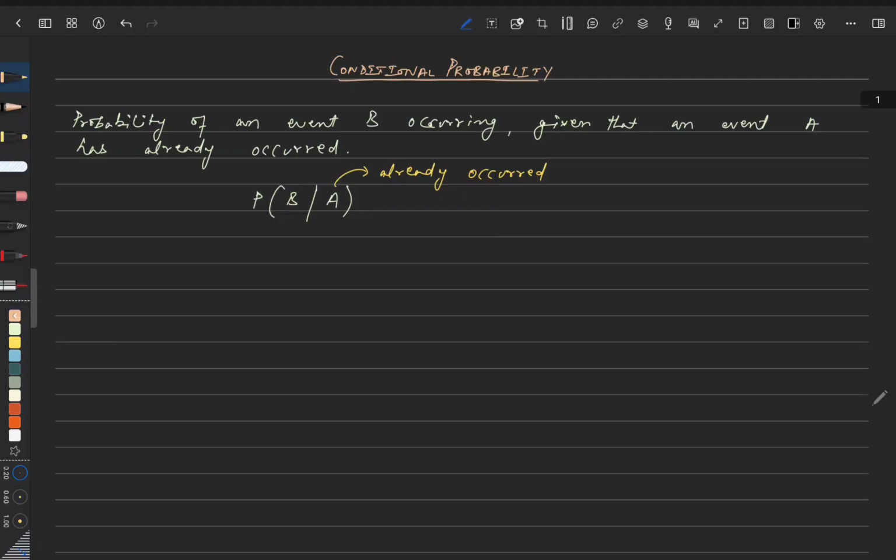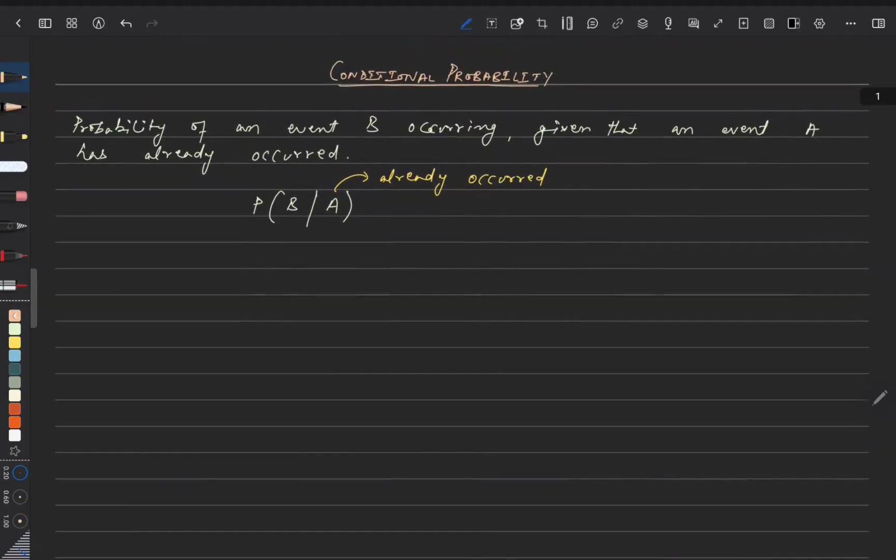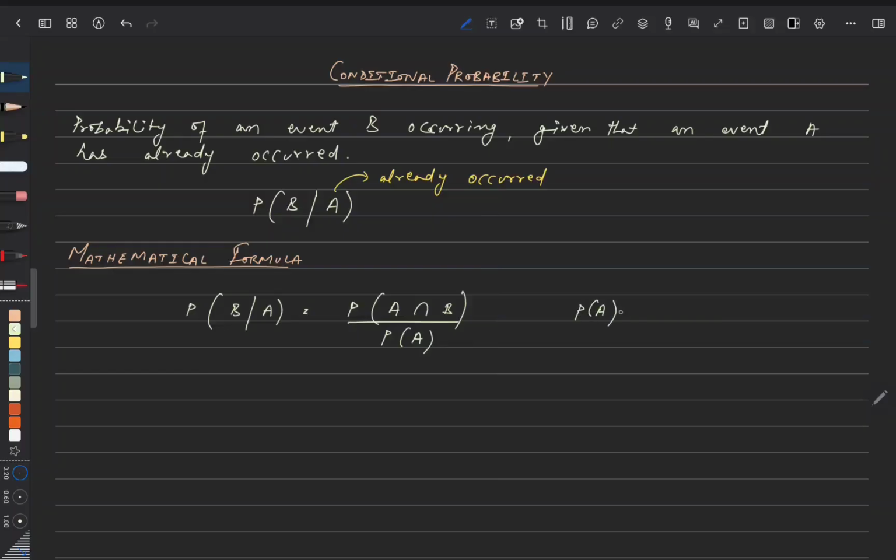Next, let us go ahead and see the mathematical formula. It is given as P of B given A. To find this, what we need is P of A and B, which is A intersection B, over probability of A. Obviously, probability of A should be greater than 0, otherwise it would be a mess.